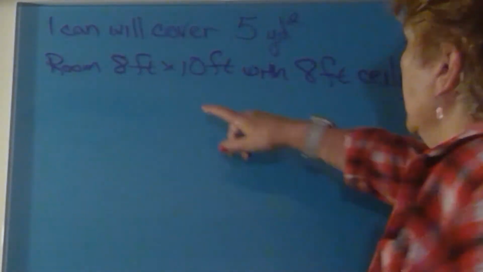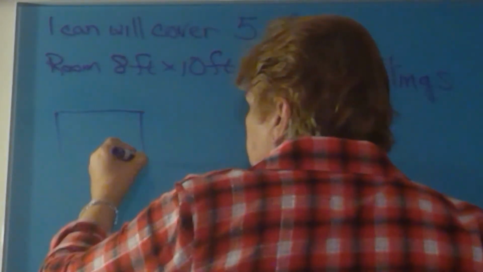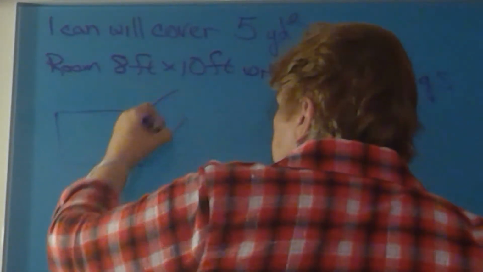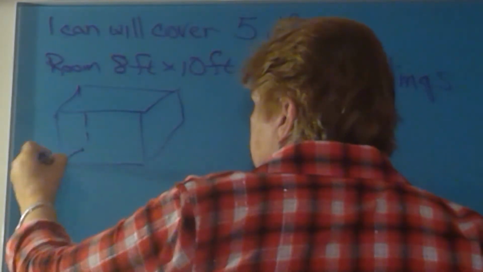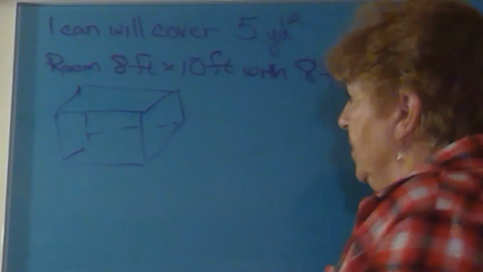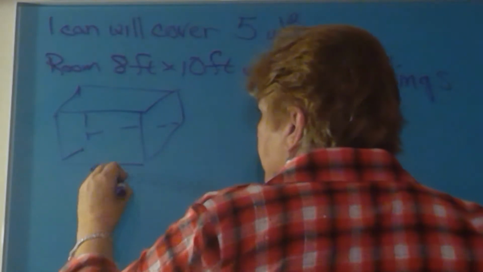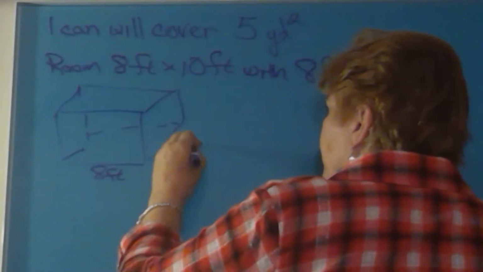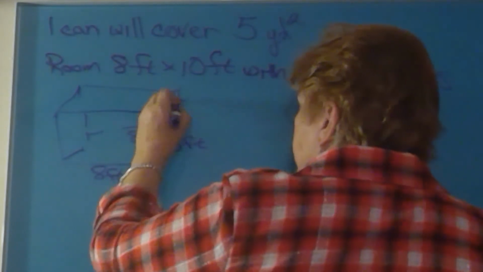That means it's 8 foot high. So that would mean in this room, you've got 4 walls. You usually don't paint the floor and the ceiling, not the same color, not always. This is 8 feet. This is 10 feet. And they're all 8 foot high.